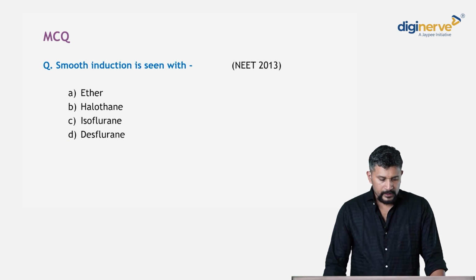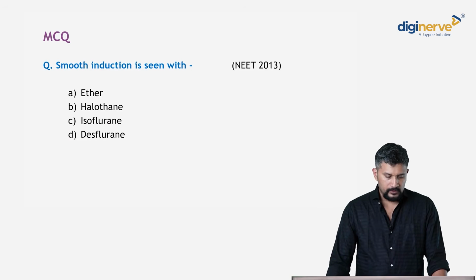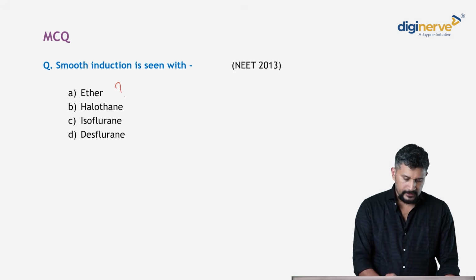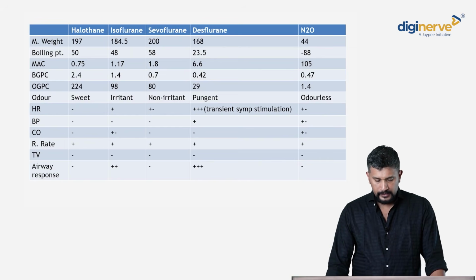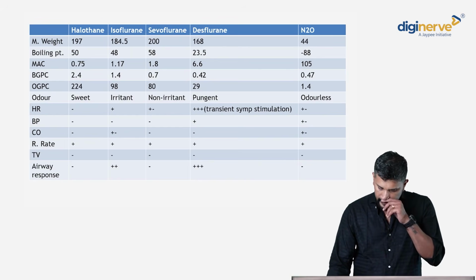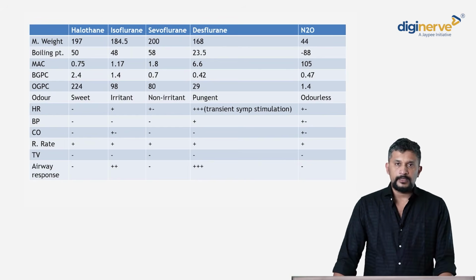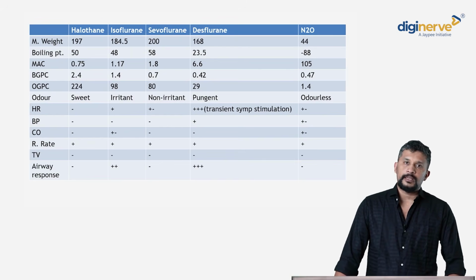The next question: smooth induction is seen with, is it A, ether, is it B, halothane, is it C, isoflurane, or is it D, desflurane? For this, again, we need to look at some of the salient features. We're talking about induction of anesthesia with a volatile agent.